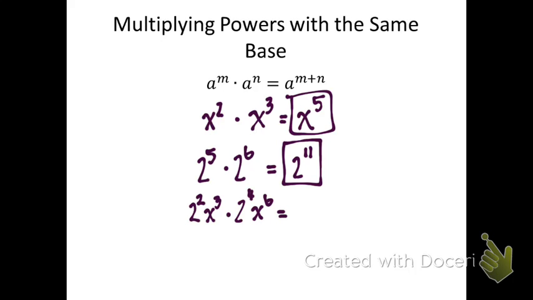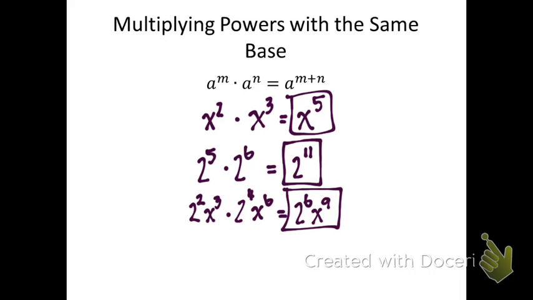Work on your numbers first. So 2 to the second times 2 to the fourth is going to be equal to 2 to the sixth power. X to the third times x to the sixth is going to be x to the ninth power. That would be the answer.